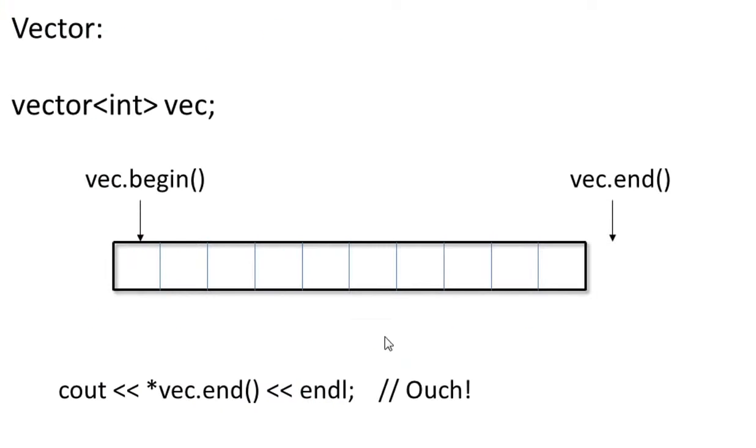Looking at the picture, vec.begin points to the first element in the vector, and vec.end points to one spot after the last element in the vector. This is a very important concept to keep in mind. So if I try to dereference vec.end, ouch, that's undefined behavior, a very dangerous situation that you never want to get yourself into.